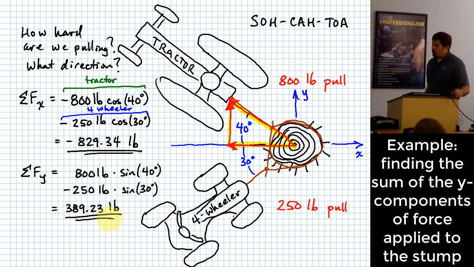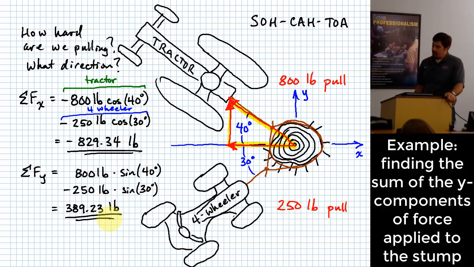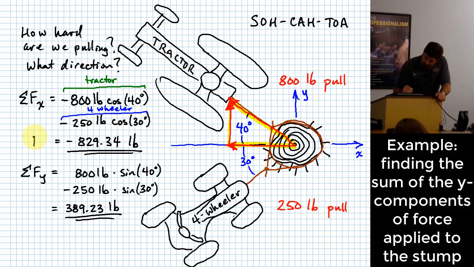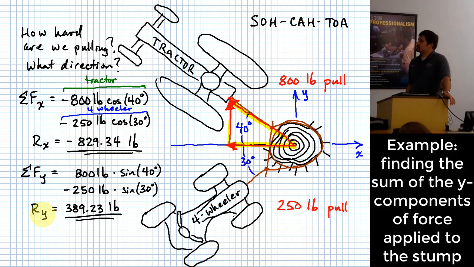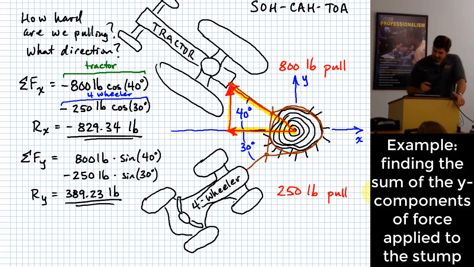So these are the components of the resultant. All right, then what?